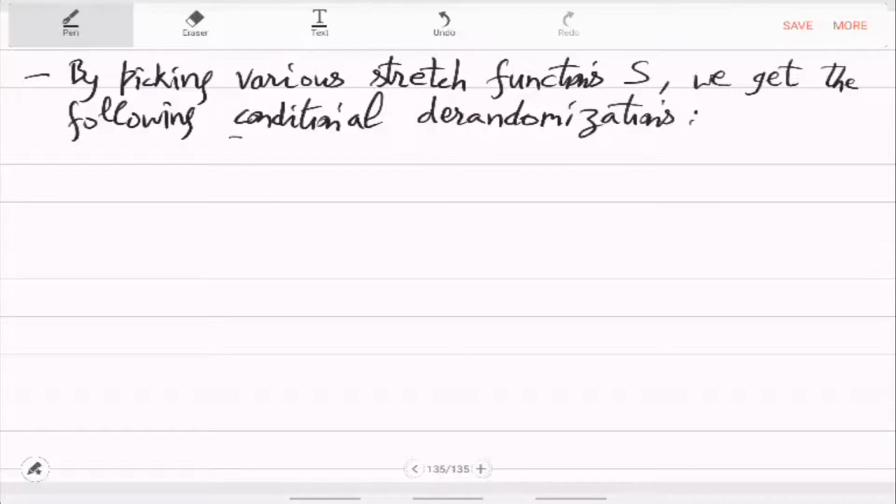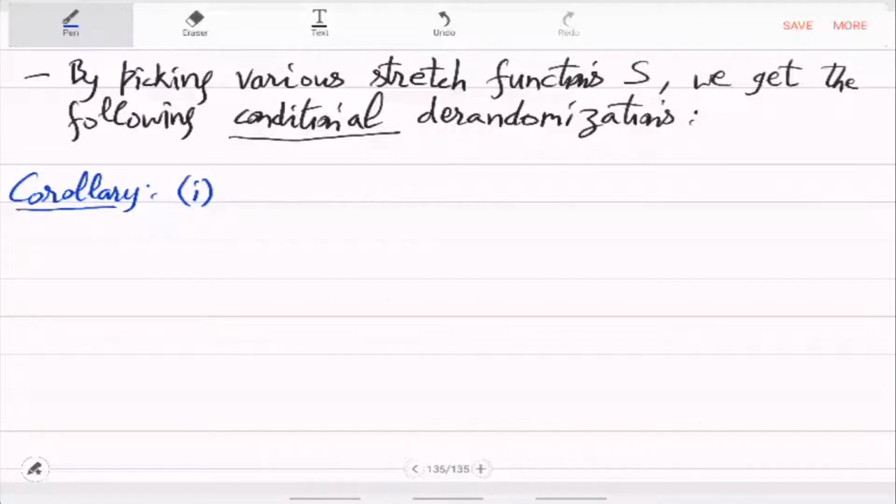Conditional because I mean you have to assume that an SPRG exists, right? Those questions we don't have an answer for currently, but nevertheless even conditional de-randomizations are quite instructive in the sense they will tell you what SPRG do you need.